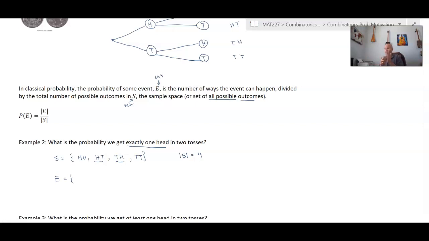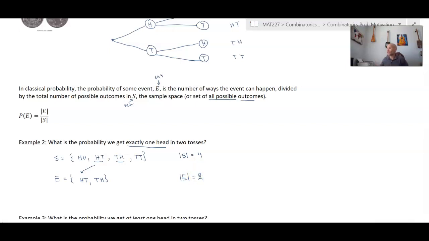One is where the head occurred first and then a tail, and the second is where a tail occurred first and then a head. And so I will write these in my desired event. And we see that the size of the event space, or the set of events that I want to occur, there are 2 ways that can happen.